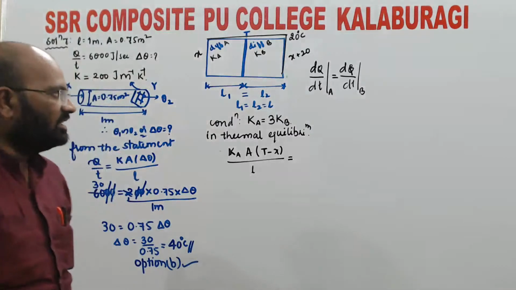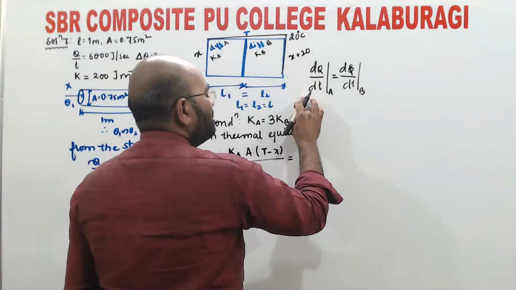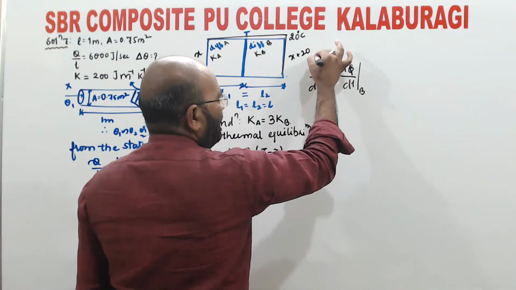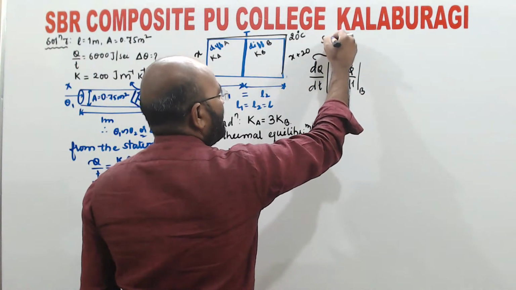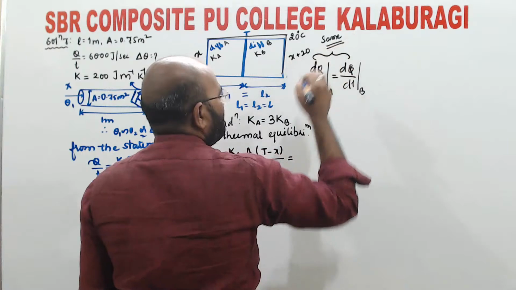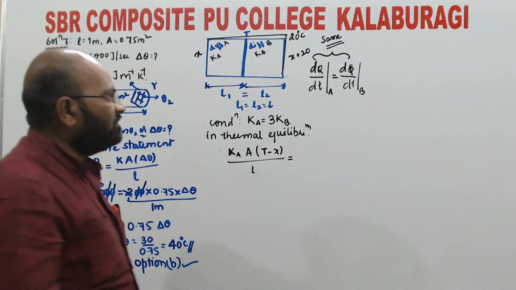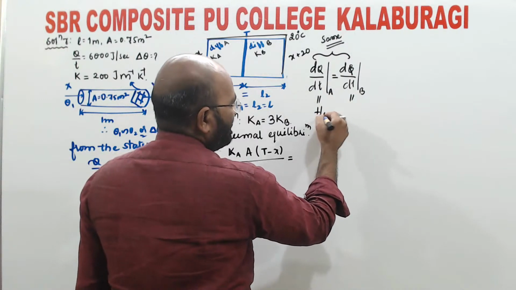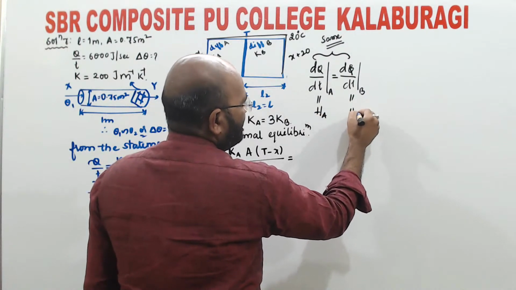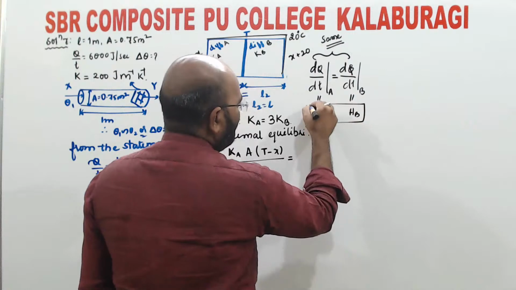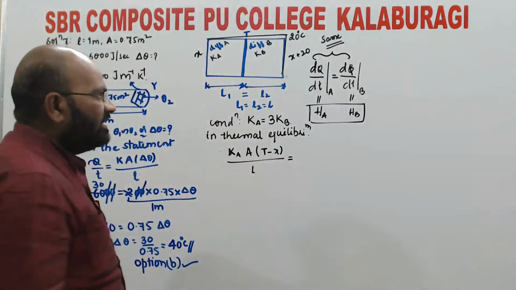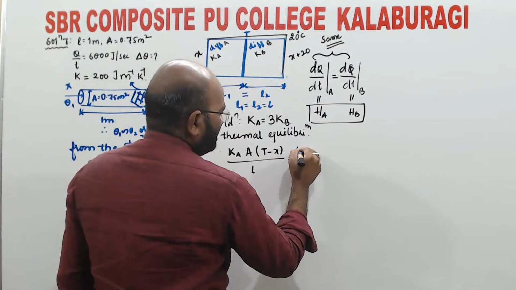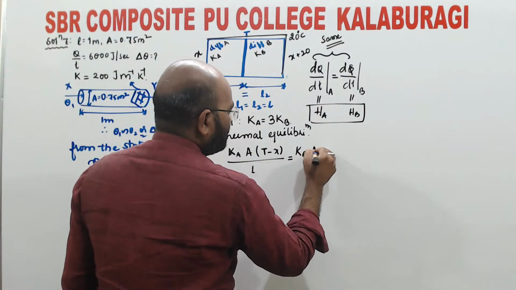Using this formula, the rate at which heat energy flows from the first system to the second system, both maintaining the same temperature, is the heat current. The heat current due to A is always equal to that of B. This is called the heat current, written as H. Similarly for this, it is Kb into the cross-section area.